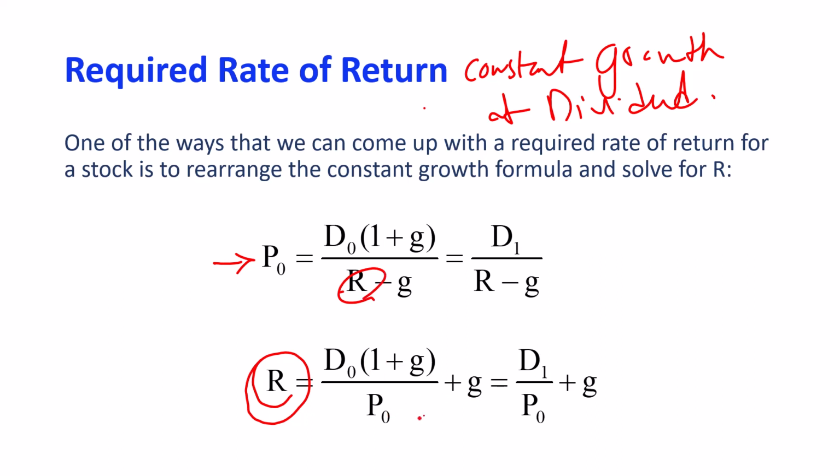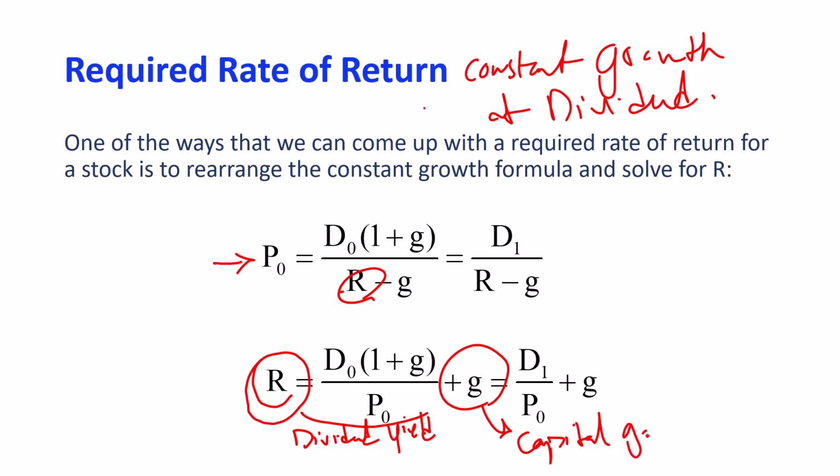So the first component, which is the income component due to the dividends that you receive, is called dividend yield. And the second component, because we know that the stock price is growing at the same rate as dividends, we call this the capital gain component of the return.